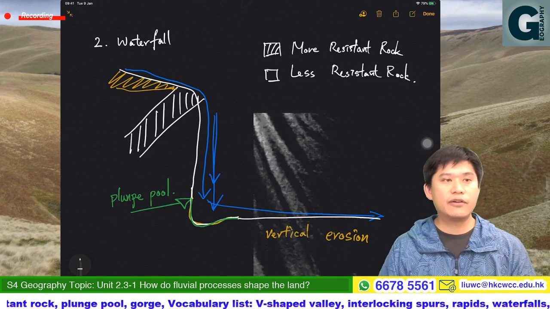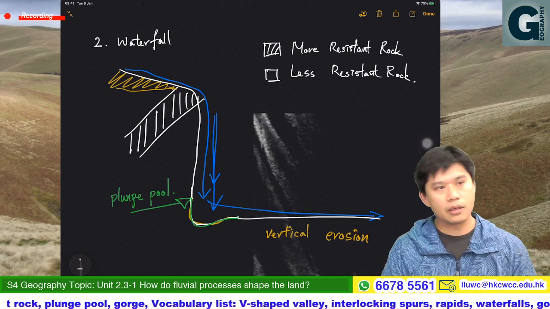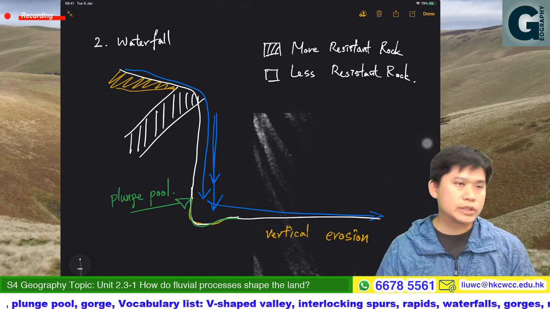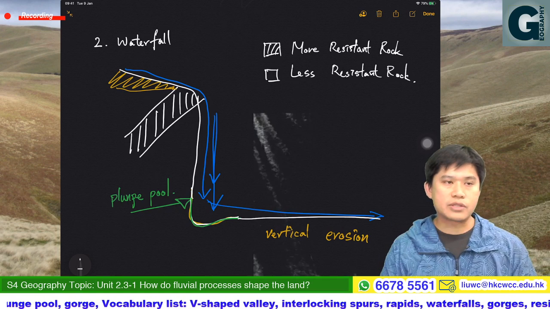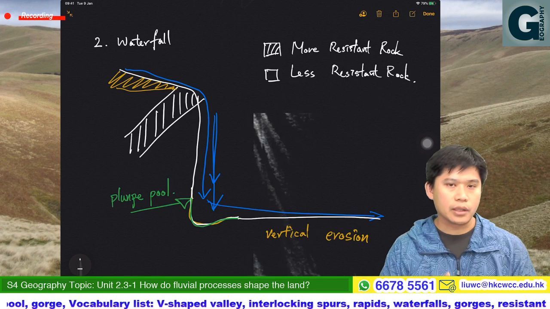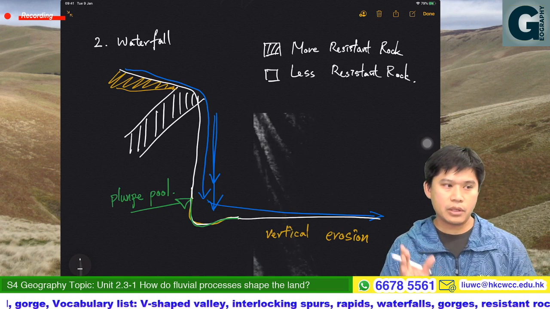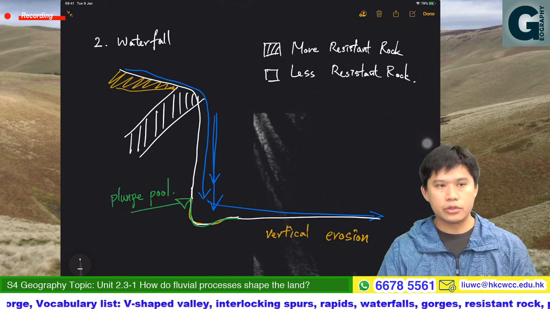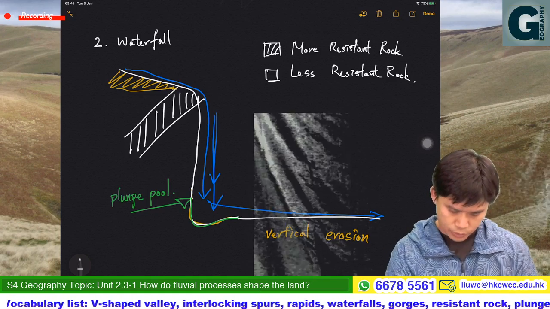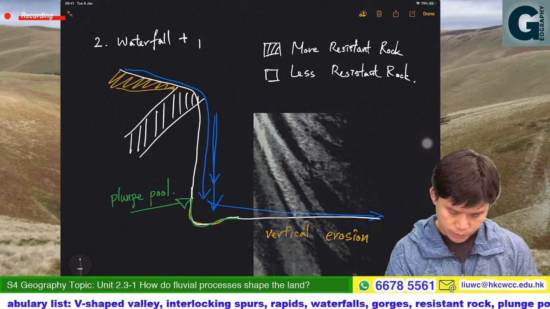So the whole landscape is waterfall together with plunge pool. Normally they are in pairs. When you see a waterfall, you will see a plunge pool. So the second one, waterfall and plunge pool.